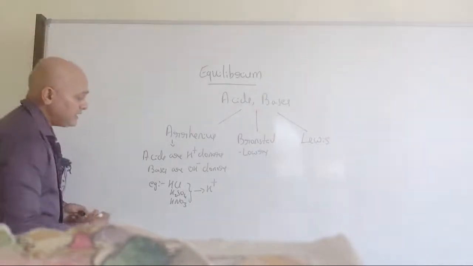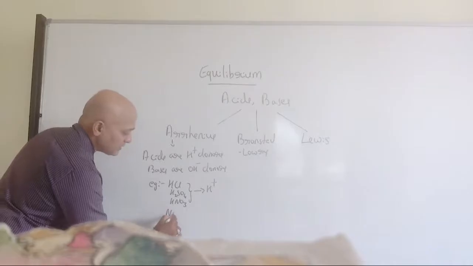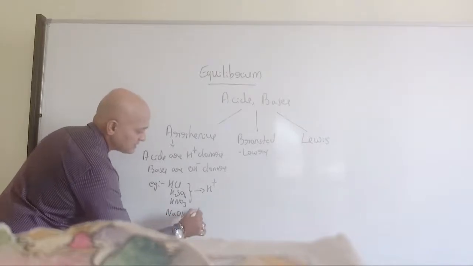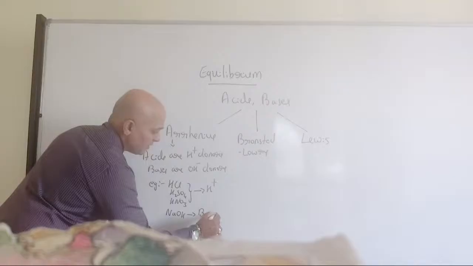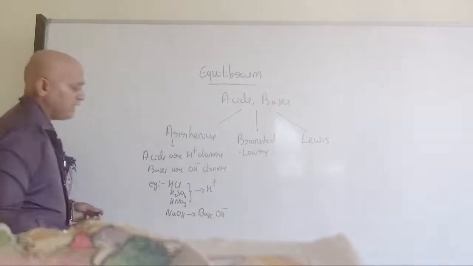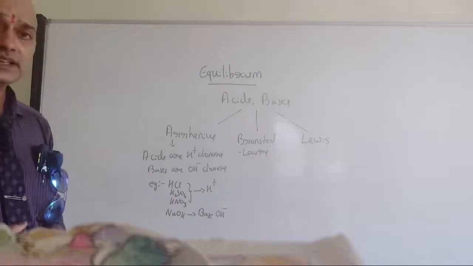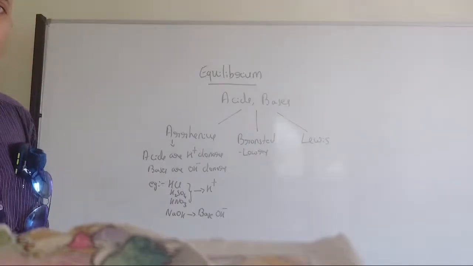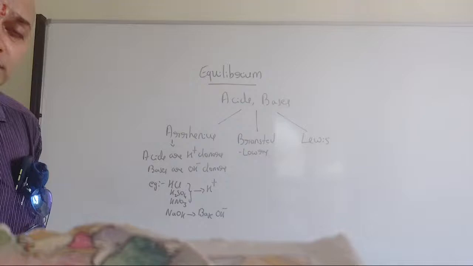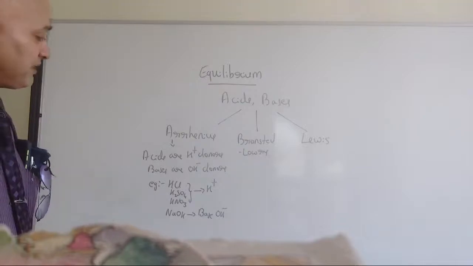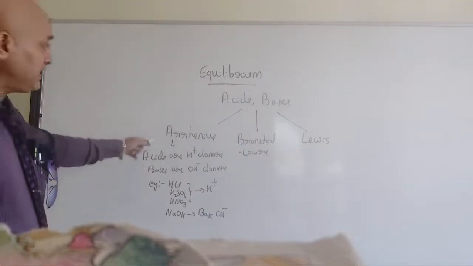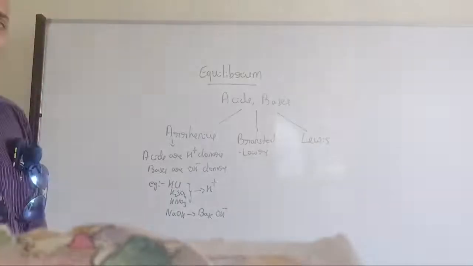If I take sodium hydroxide, it can be considered a base because it is going to release OH minus. Sodium hydroxide or calcium hydroxide or potassium hydroxide. So that's where we have the bases. That's the Arrhenius theory.